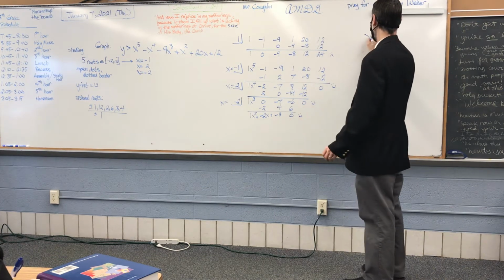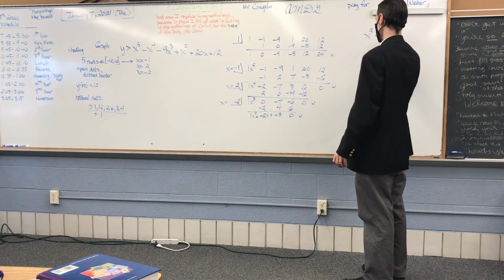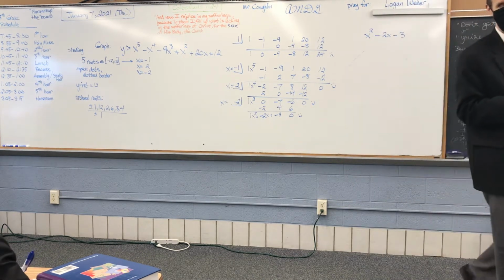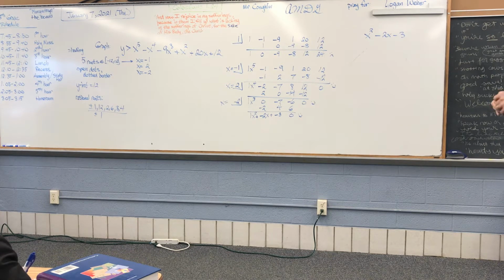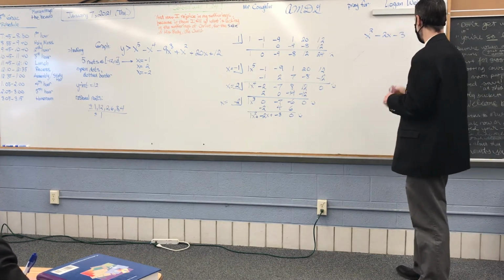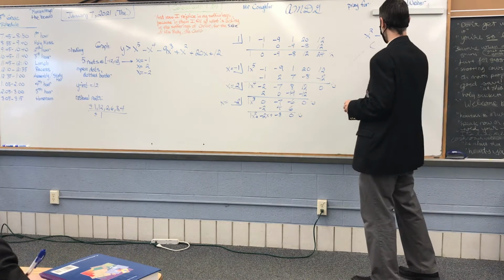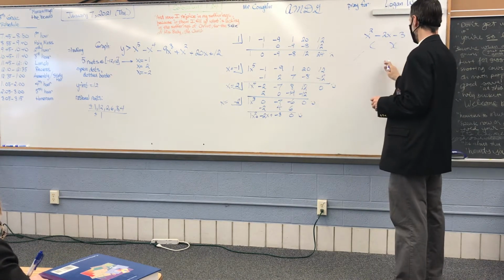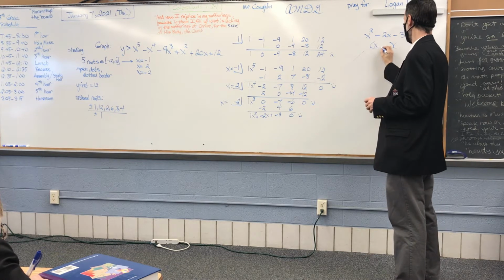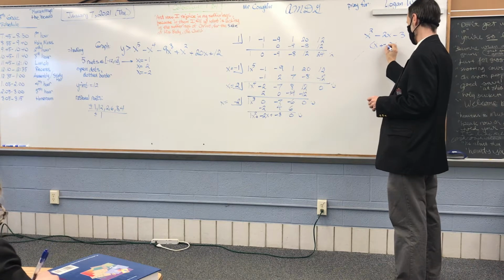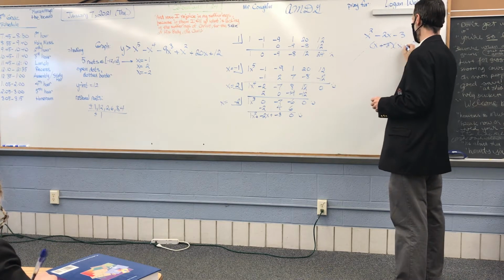Let me write it up here: x squared minus 2x minus 3. Oh, math people. For example, Sophie. Does this thing factor? Maybe. Let's find out. Like what? x plus -3 and x plus 1.